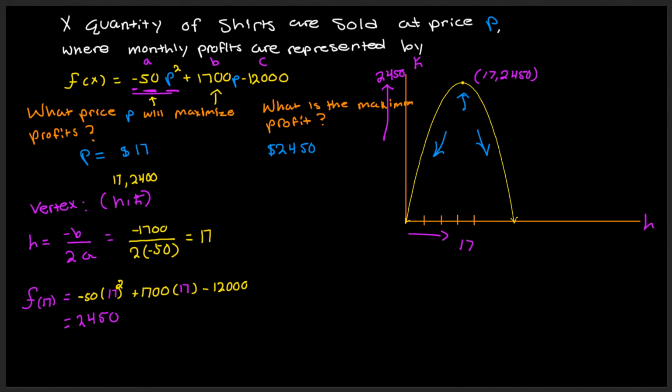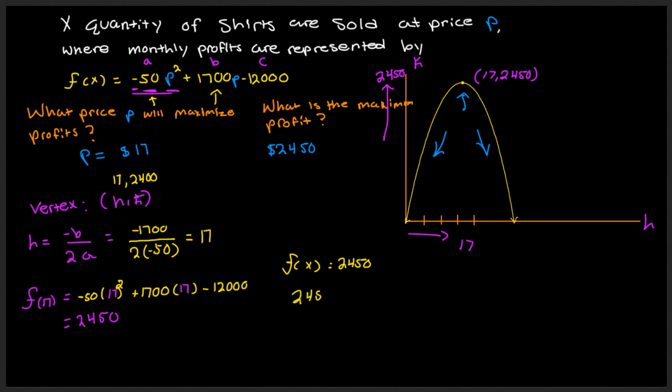And you can kind of go ahead and plug this in. Well, if your function f of x equals, if we plug in 17, well, then we get 2450. So f of x is 2450 when 17 is plugged in for your variable p. This is this function in its maximum form.